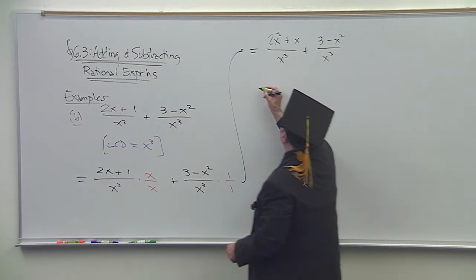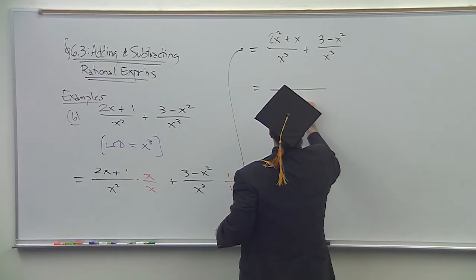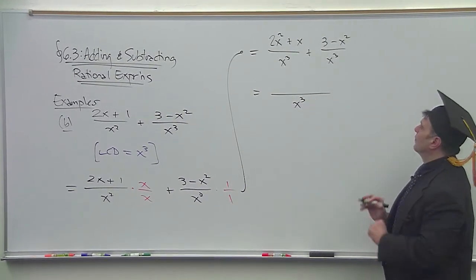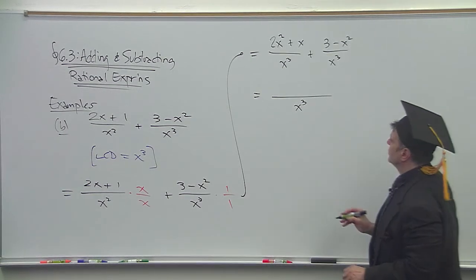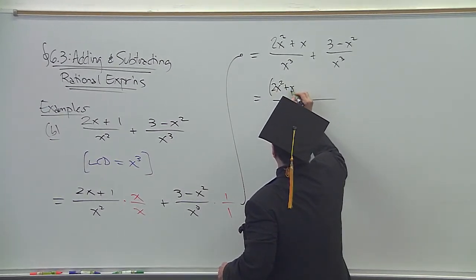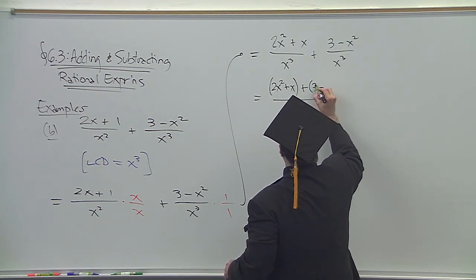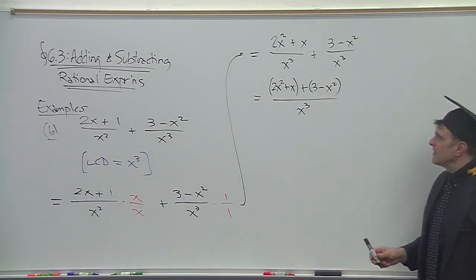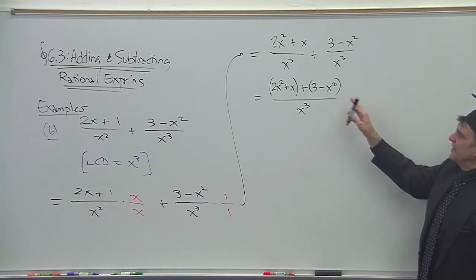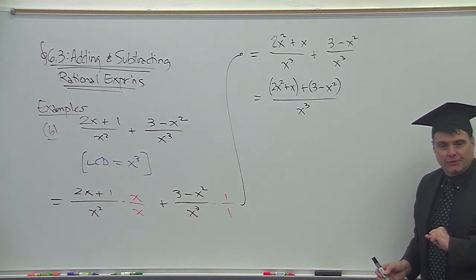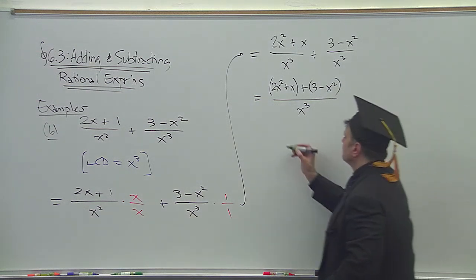Now that we have the common denominator, we write the sum as a single fraction over the least common denominator, x cubed. And as I said in class, I strongly recommend that you get in the habit of using parentheses when you add the numerators. Now, in this particular case, they don't do anything because we're adding, but if we were subtracting, the parentheses would be necessary.